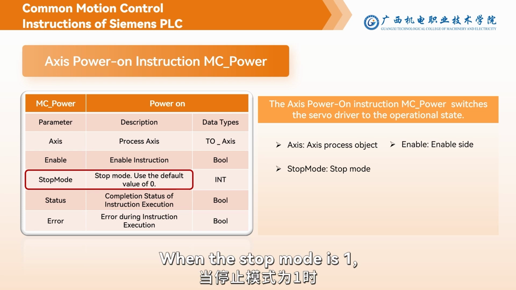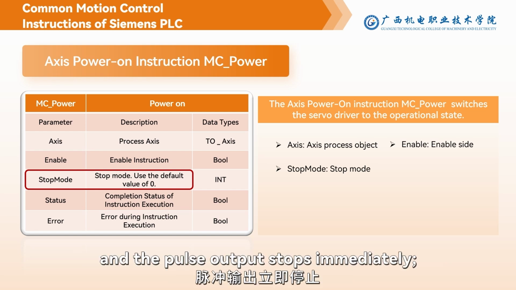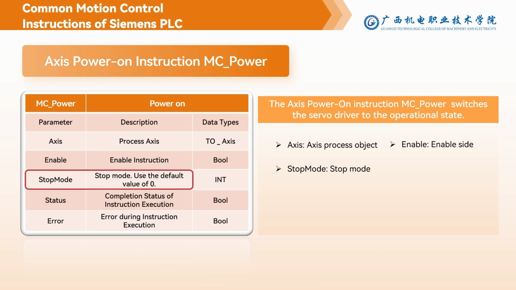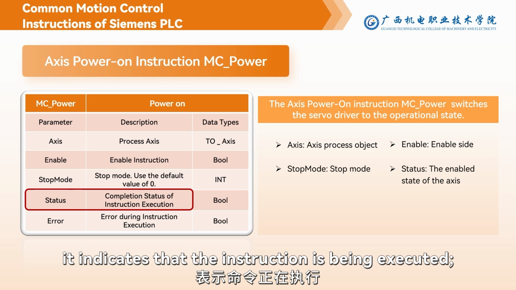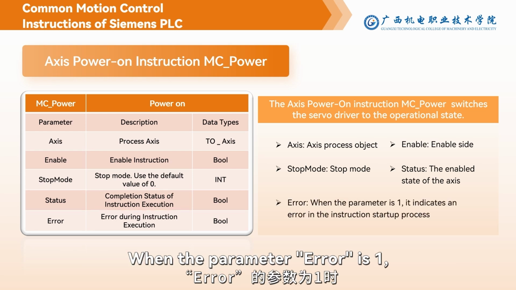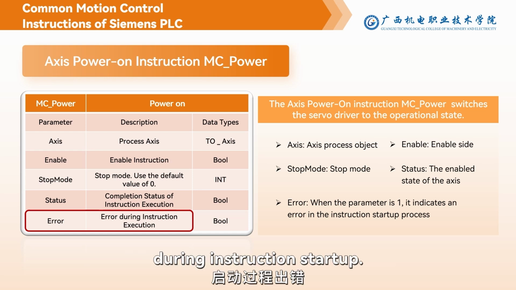When the stop mode is 1, the axis is immediately stopped without a delay, and the pulse output stops immediately. Status indicates the enable state of the axis. When the parameter error is 1, it indicates that an error occurred during instruction startup.